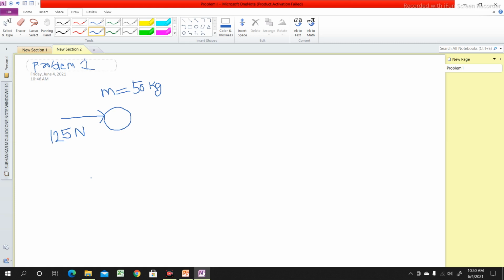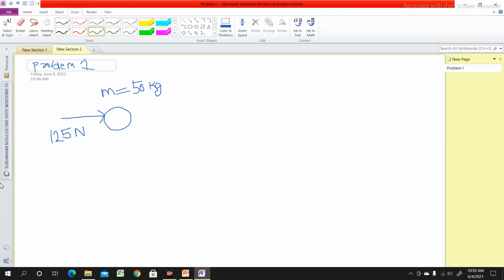Okay, what do we need to find out? We need to find the acceleration produced in this body. So we have a body whose mass is 50 kg and on this body an external force of 125 Newton is applied. Due to this 125 Newton force, the body will move.